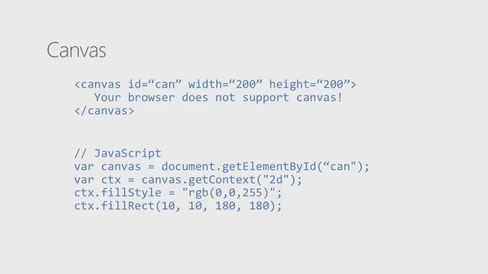The code for Canvas, and what Canvas is, you think about an artist with a true canvas. It's a drawing platform. It's the ability to draw or put something on the screen. So this example of Canvas, the first one says, hey, let's create a canvas with an ID of can, give it some dimensions, and the text in the middle is, again, going to be executed in the event that it doesn't support it.